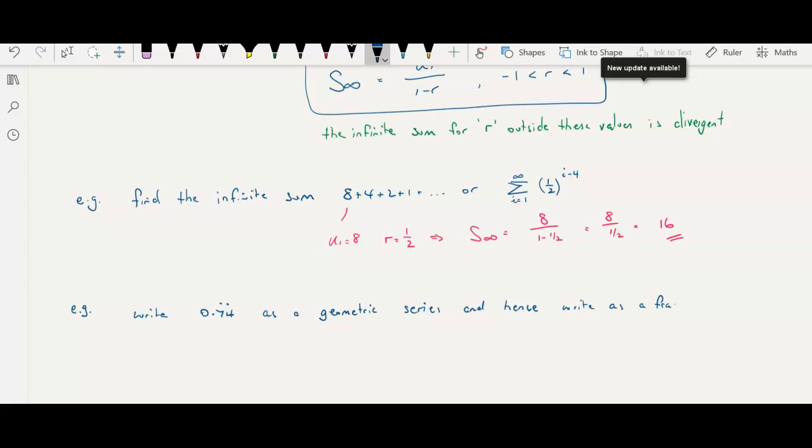So we're converting a recurring decimal to a fraction by first writing it via its representation as a geometric series.